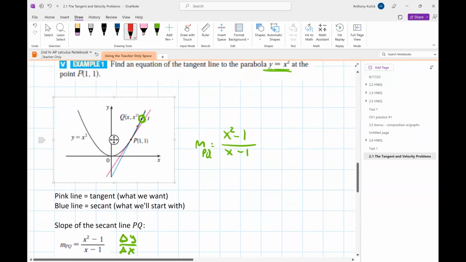What if I consider this point Q getting closer and closer and closer to P, and we look at what's happening to the slope? That limit as Q approaches P is going to give us the slope of that tangent line at exactly P. It's the instantaneous slope. It's not the slope between two points. It's the slope at a single point.